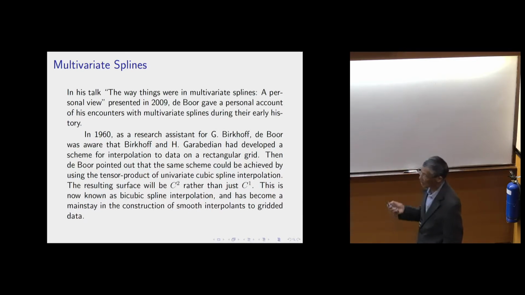I knew that this was done in 1960, but in the 1970s, de Boor's work on this problem was very popular, also in China, also in the area of CAGD. So this is the tensor product of cubic spline interpolation.